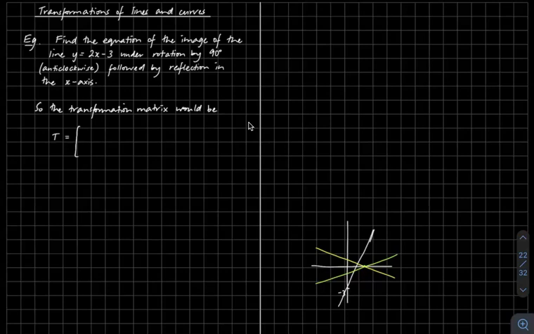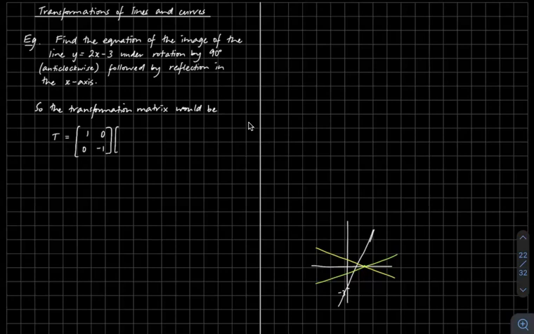Now remember, the order that we write it here has to be the opposite order to the way they're being done. So rotation's happening first and then reflection. So let's write the matrix for reflection first. So in the x-axis that's 1, 0, 0, negative 1.